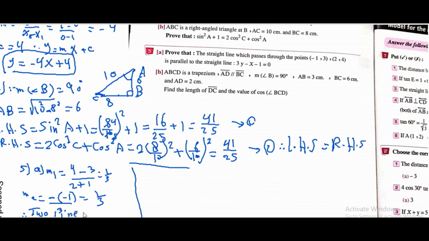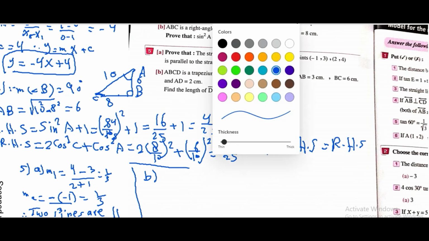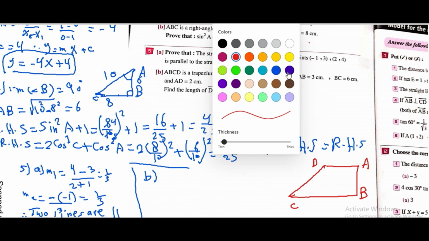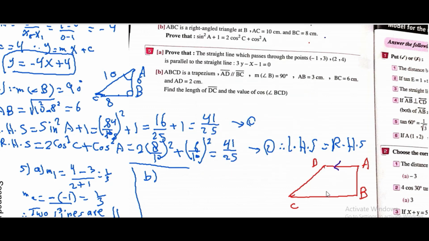B. ABCD is a trapezium, AD parallel to BC, angle B equals 90, AB is 3, BC is 6, AD is 2. We have a right trapezium A, B, C, D. AD is parallel to BC, angle B equals 90, so angle A will be 90, because two interior angles between two parallel lines sum to 180.